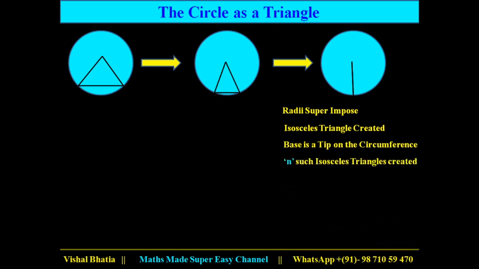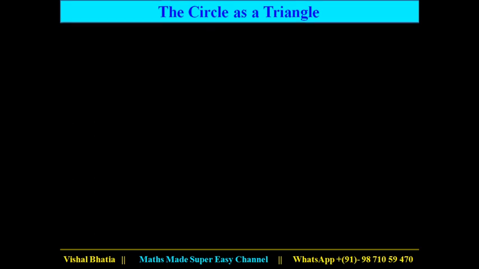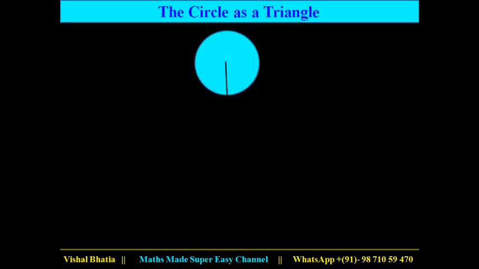And n such isosceles triangles are created because by definition, a circle is nothing but a polygon of n sides. Moving forward, we take this case whereby the radii of the circle are superimposed and the base of the so-called triangle which is created is actually a small tip on the circumference of the circle.